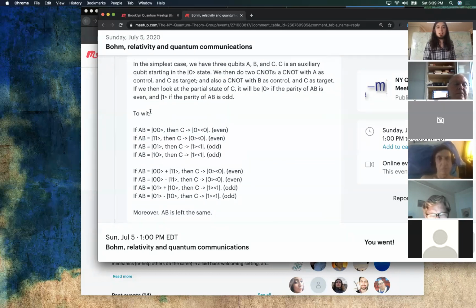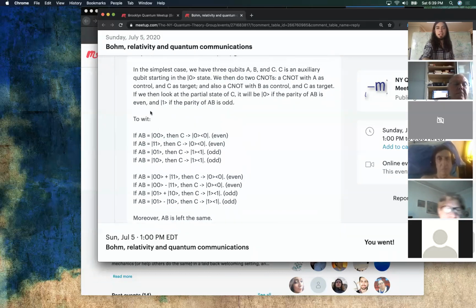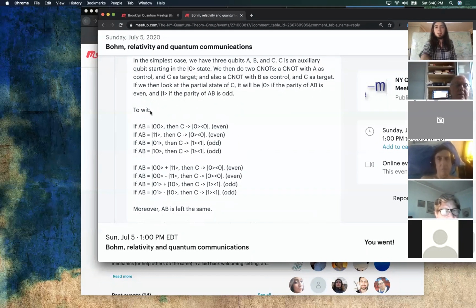The idea was you have 3 qubits, you're interested in A and B, and C is an auxiliary qubit that starts in the 0 state. You can implement it with 2 CNOTs. When you look at C, it'll be 0 if the parity is even and 1 if the parity is odd.